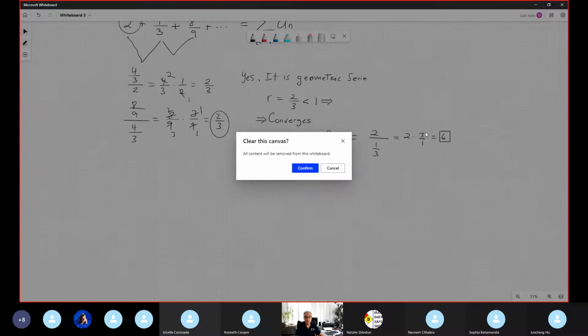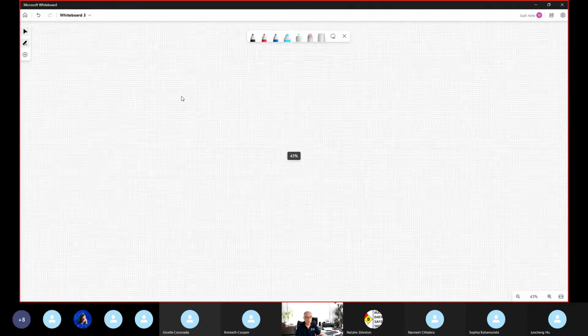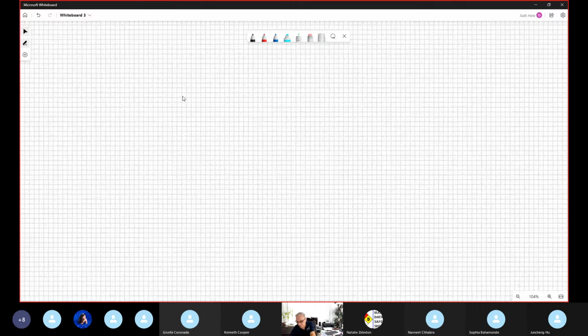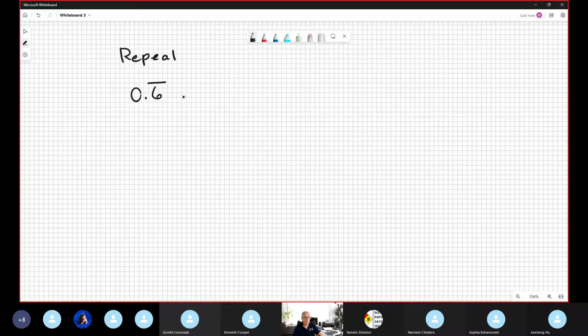Look. Suppose I want to discuss a repeating decimal number, repeated. Suppose 0.6, and this symbol indicates repeated decimal.